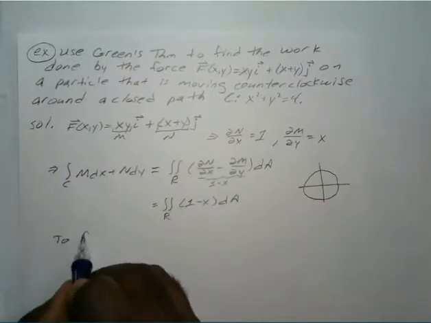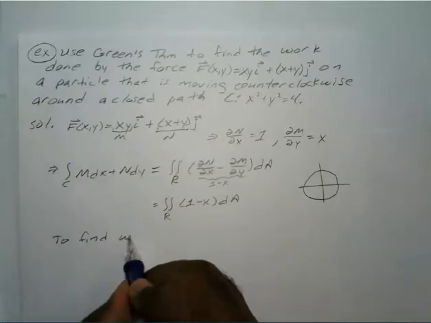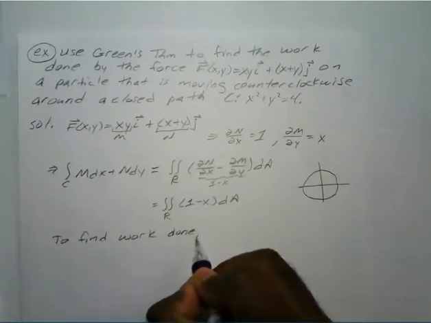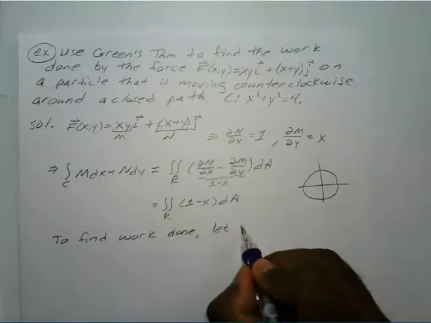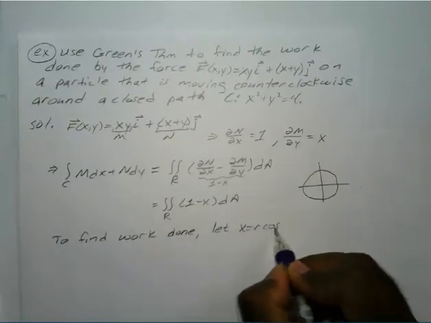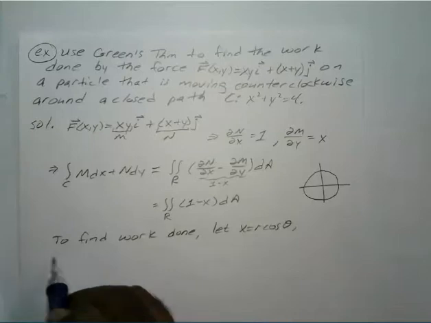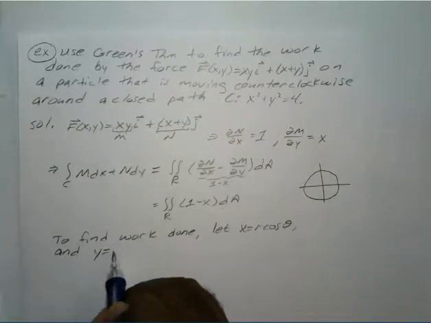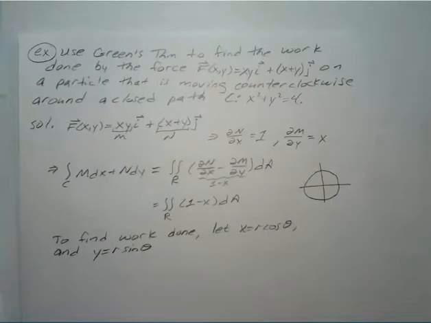Okay, so to find the work done, let x equal r cosine of theta, and y equal r sine of theta.